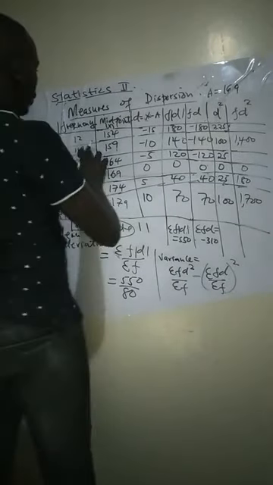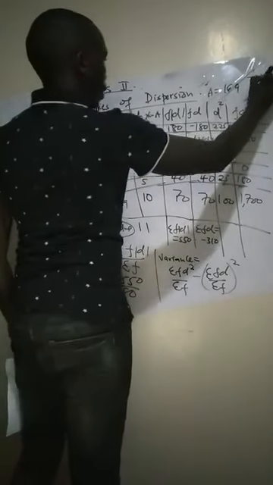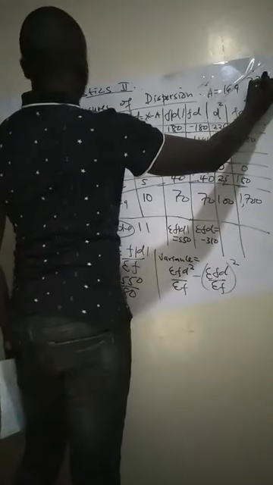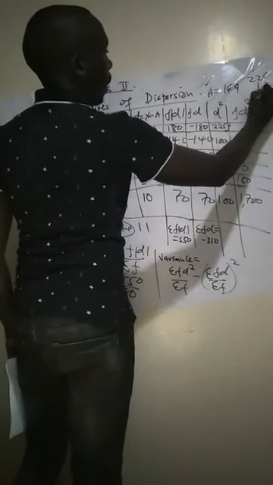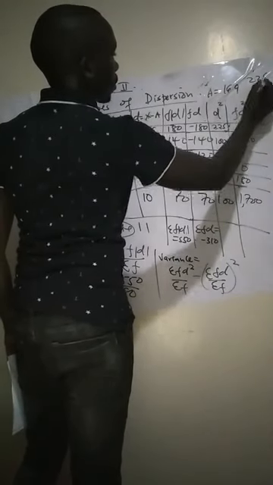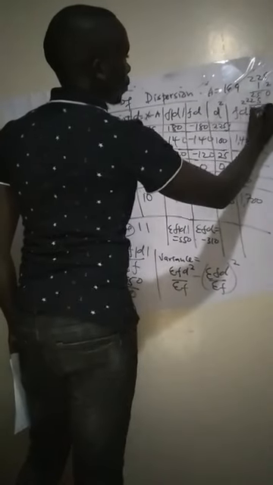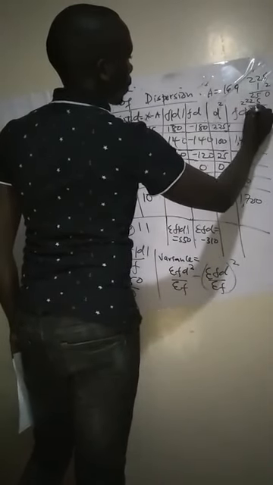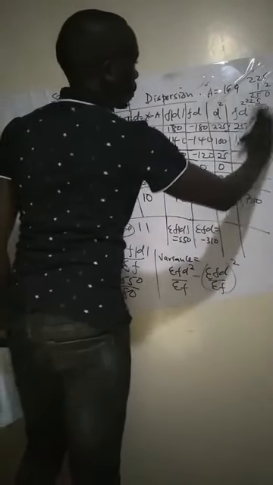Now before adding, we have 12 times 225, and then 25, 10.